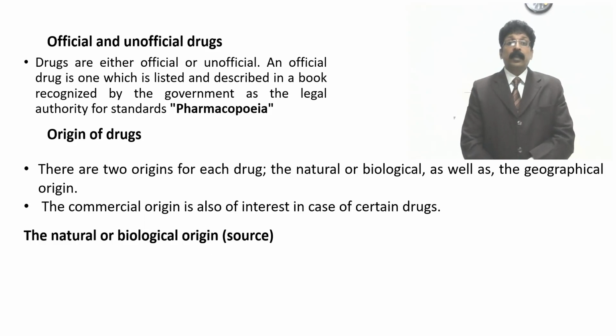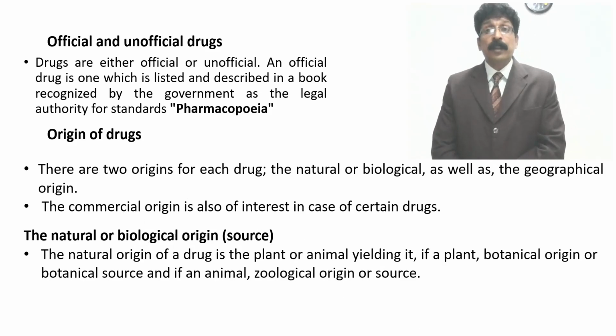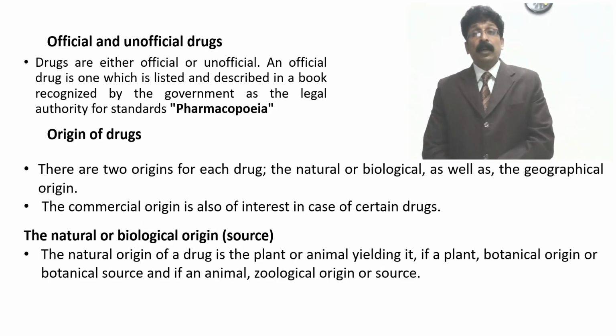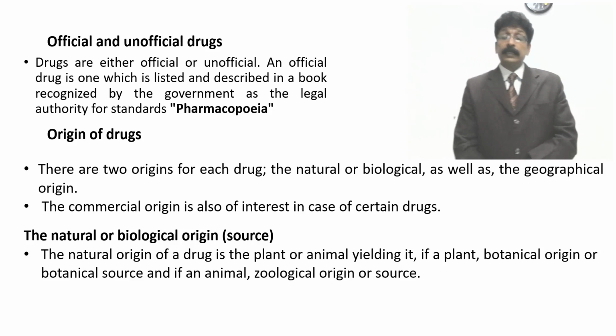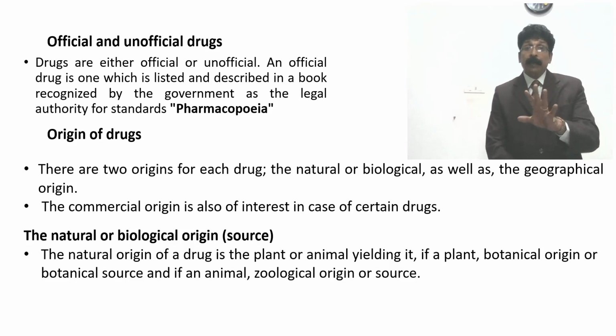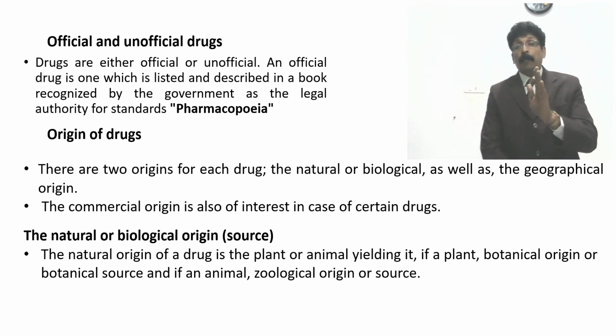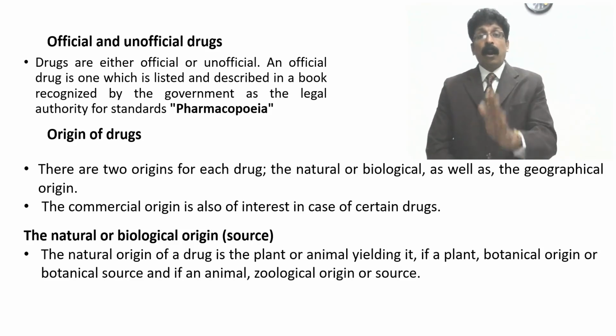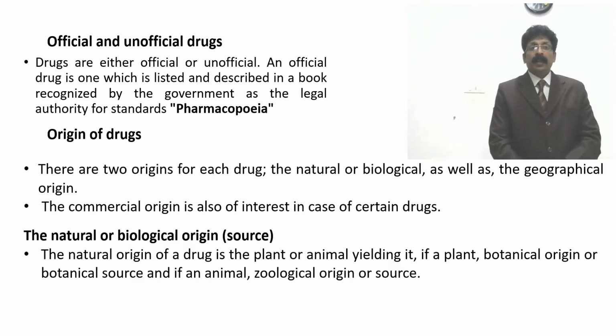The natural or biological origin source means the natural origin of a drug is the plant or animal yield. If it is a botanical origin or botanical source, it refers to the plant.